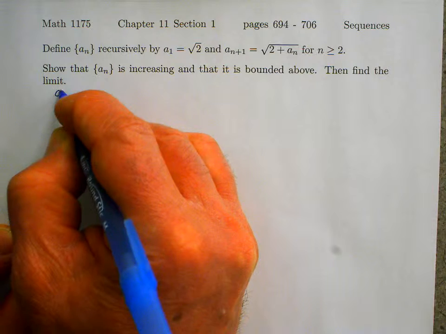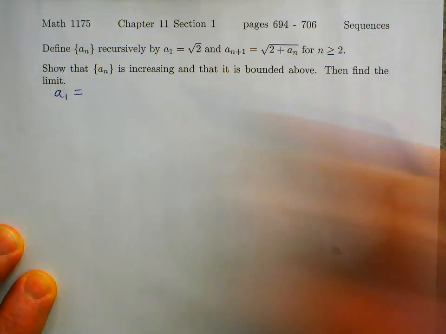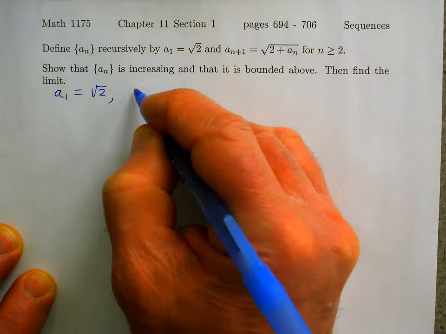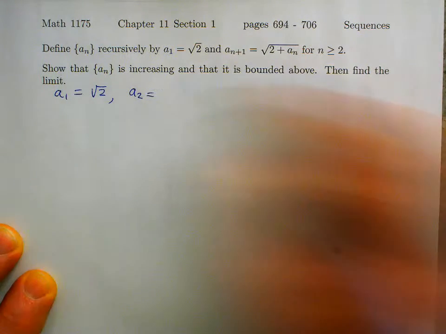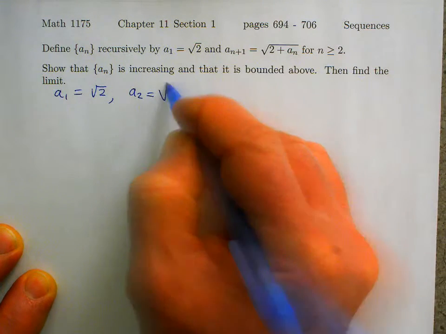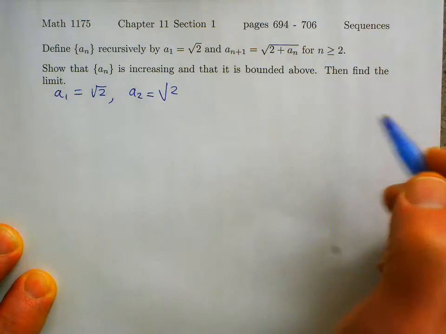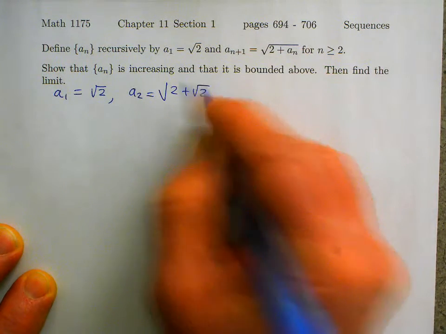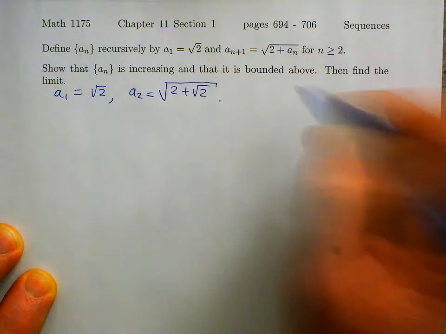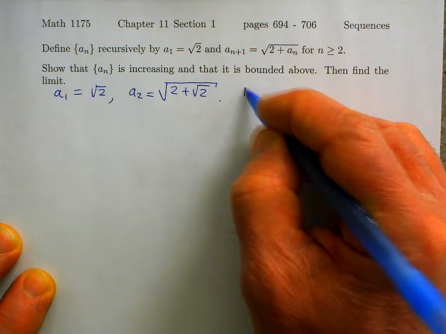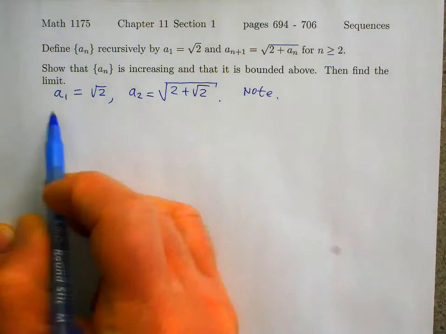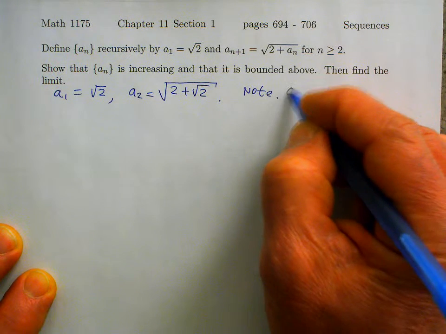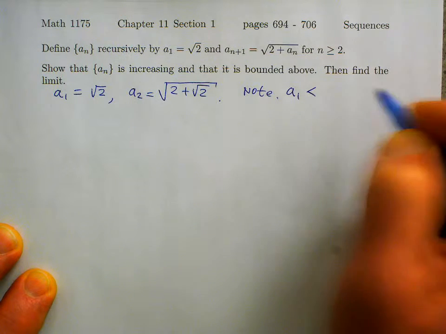So we'll observe a sub 1 is equal to the square root of 2, and a sub 2 is equal to the square root of 2 plus a sub 1, which is the square root of 2. So we note that the first two terms show that it's at least increasing that much. A sub 1 is less than a sub 2.